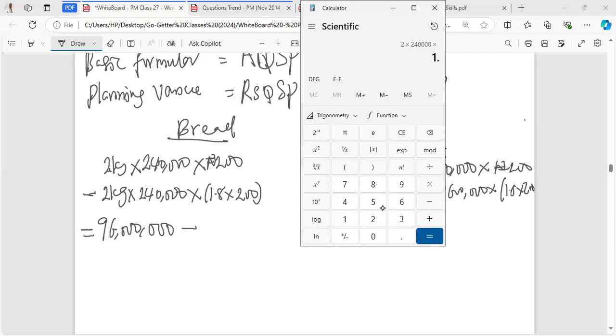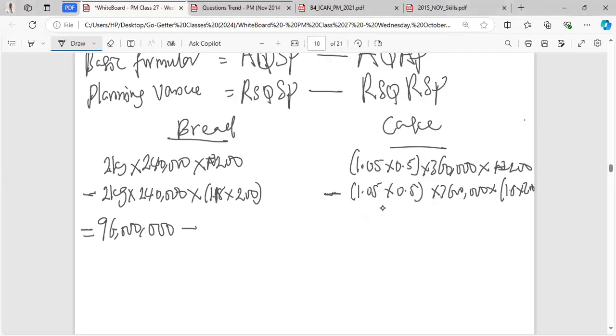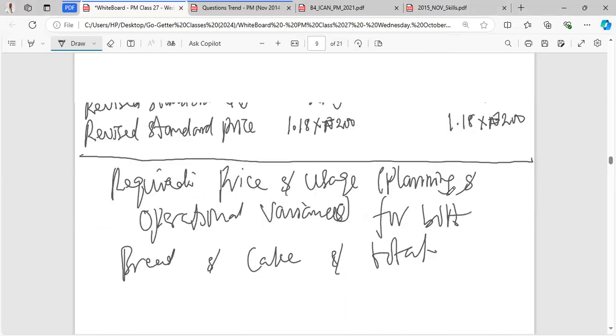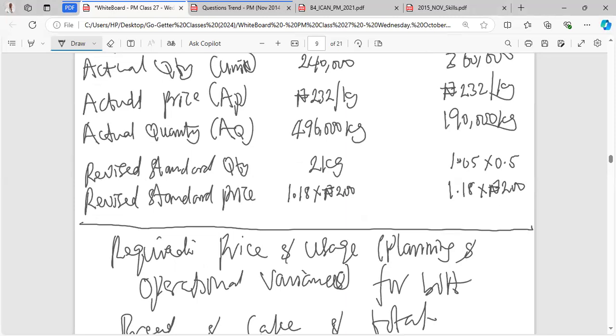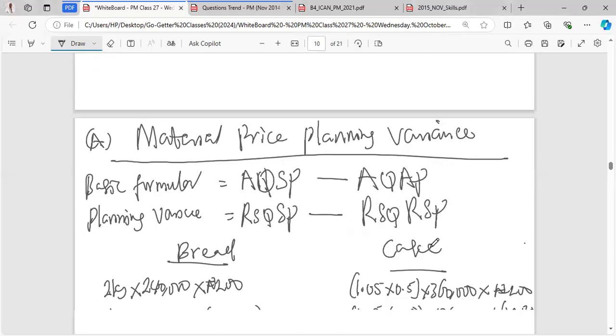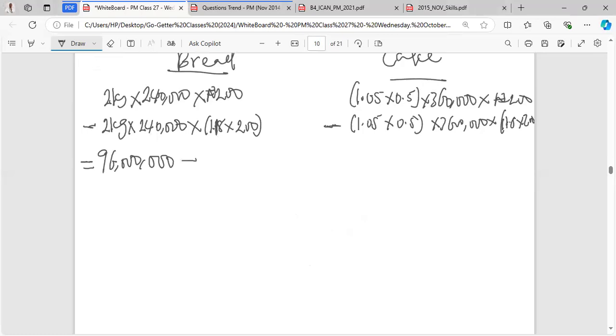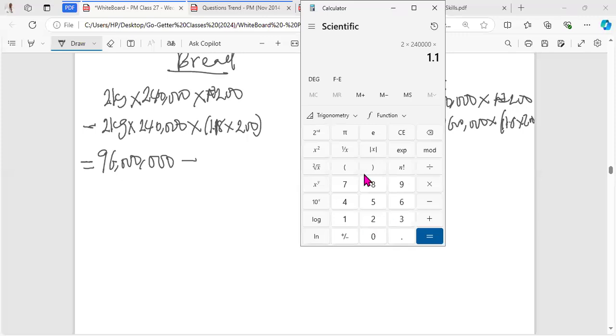This is 1.18, not 1.8. Remember, it's 1.18 here. 1.8 means 80%. No. So 2 times 240 times 1.18 times 200.